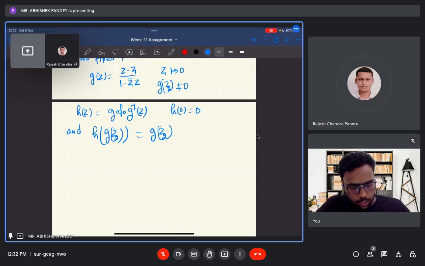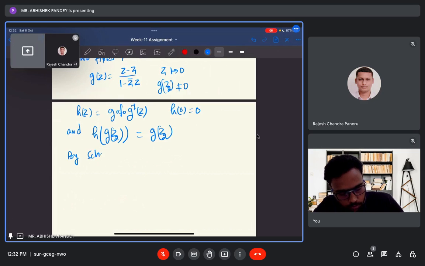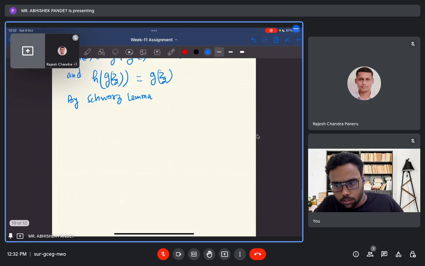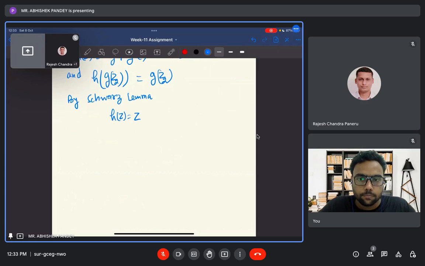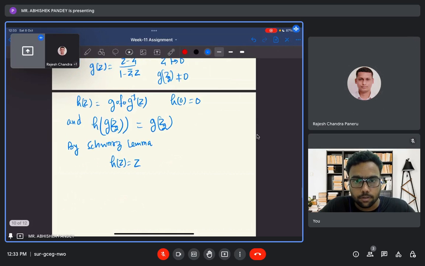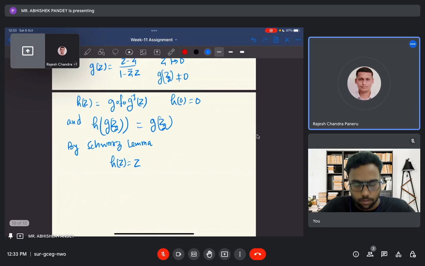By Schwarz lemma, we have h(z) equals z. Is this clear?